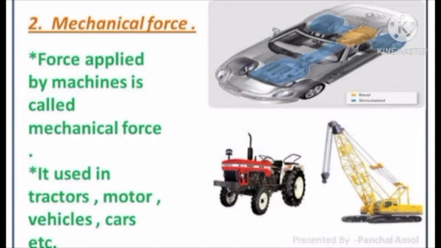Some machines run by themselves by using electricity or fuel, but some machines also need muscular force. So machines like the latter are called automatic machines. Why? Because a mechanical force is used here. For example, we can take sewing machine, electric pump, washing machine, mixer, etc.